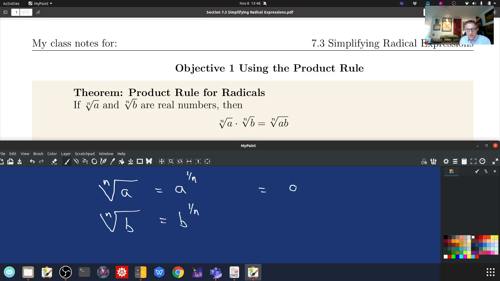So a to the r power times b to the r power is equal to a times b to the r power.